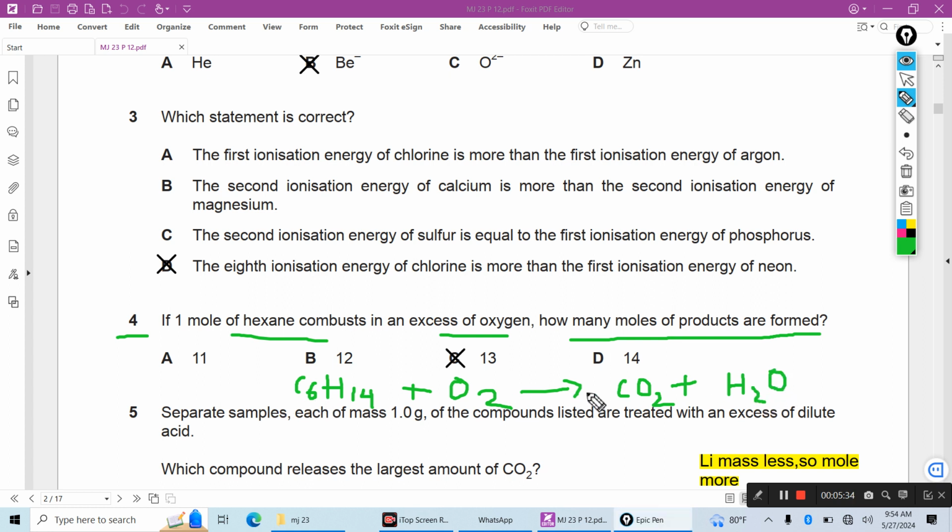So 6 carbons give 6 moles of carbon dioxide, 14 hydrogens give 7 moles of water. Now 12 plus 7 is 19, so 19 by 2 is 9.5 moles of oxygen. But you are asking how many moles of products are formed: 6 moles carbon dioxide, 7 moles water. Total moles of product will be 13.